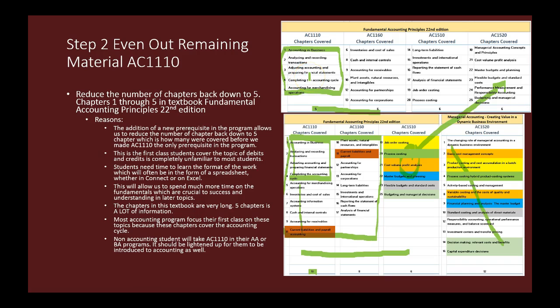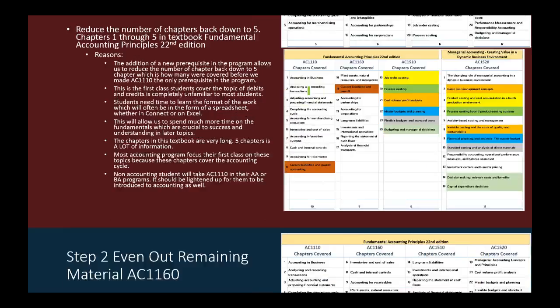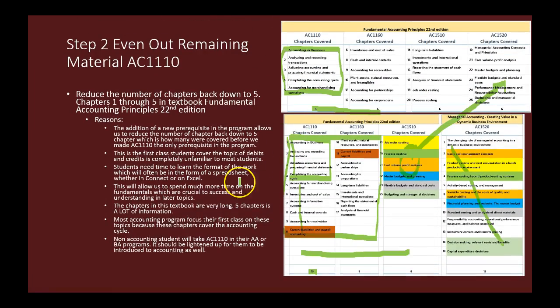And if we look at other courses with a similar textbook, I'm willing to bet they're focusing on more like 5 or 6 chapters rather than 10. Also, other students in the AA program or the bachelor's program who are non-accounting students have to take accounting 1110. So this could be a real stumbling block for students who aren't accounting majors, because 1110 is a pretty heavy class the way it's currently set up.